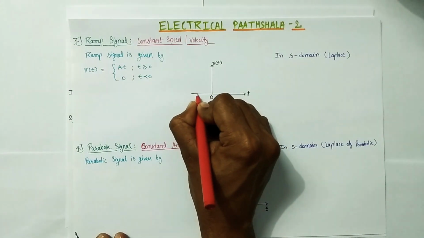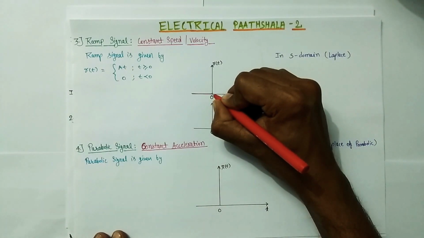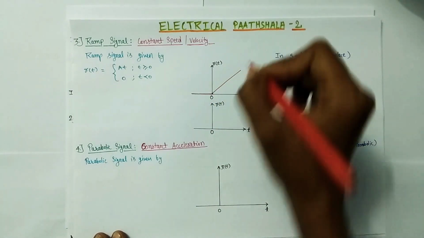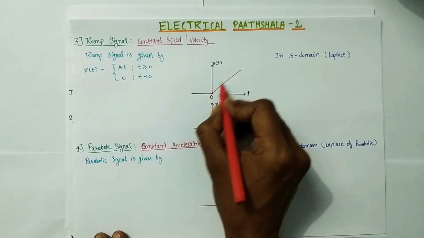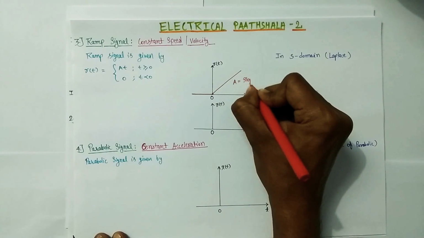For t less than 0, the magnitude of the input signal is 0, and for t greater than or equal to 0, the signal becomes this. So this is the graphical representation of the ramp signal, and here A is equal to the slope.